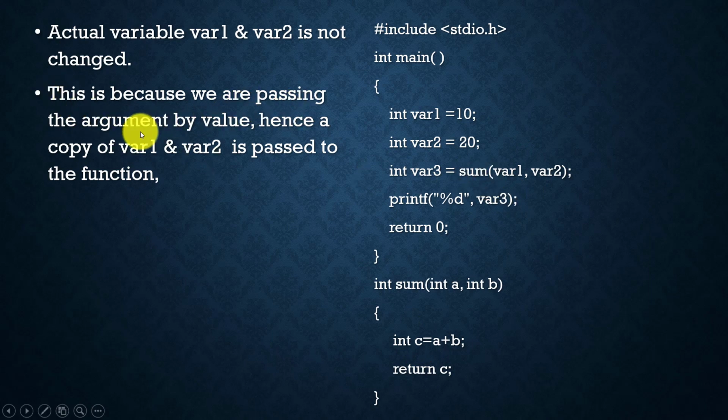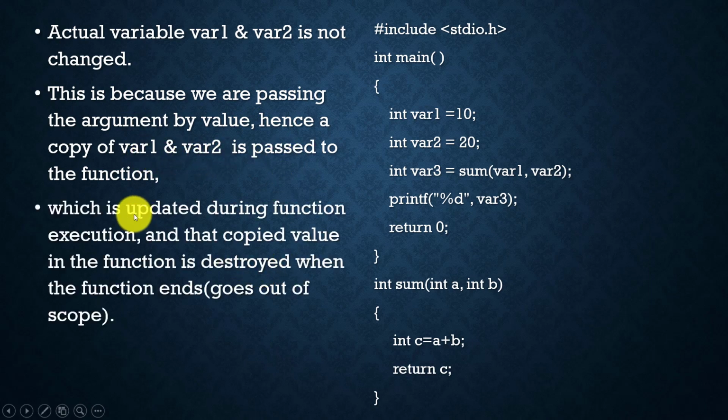That is, we are passing arguments by value, hence a copy of variable 1 and 2 is passed to the function, which is updated during function execution.